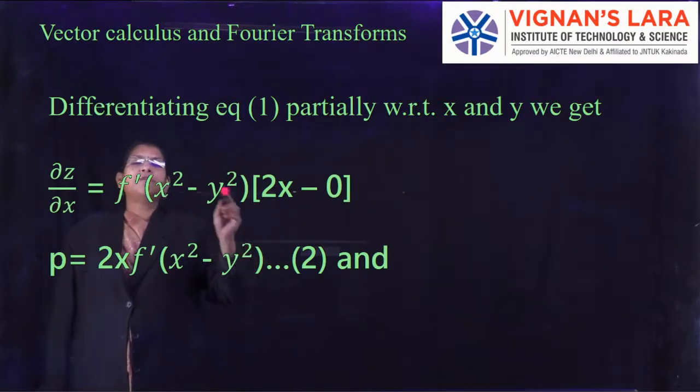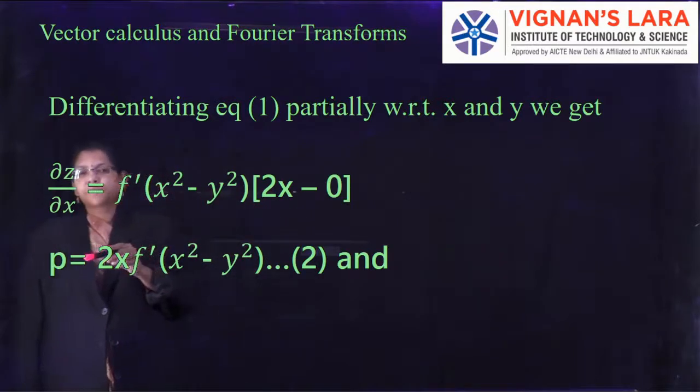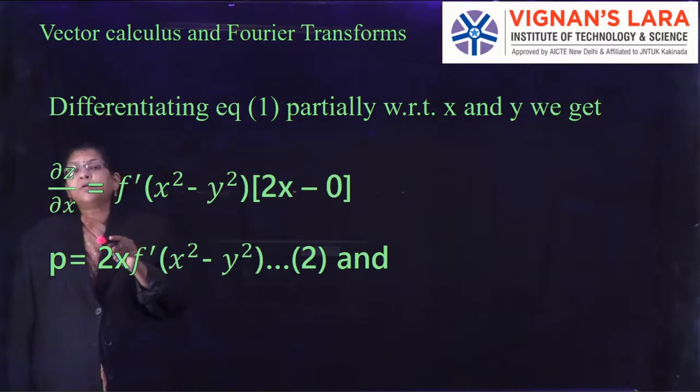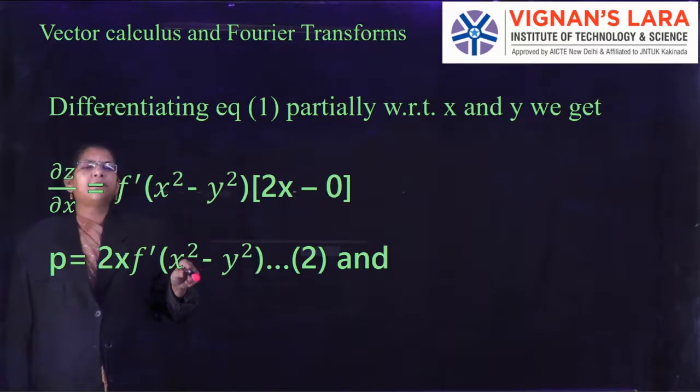If you simplify, how will you denote ∂z/∂x? We will denote it with p. So p equal to 2x into f dash of x² minus y². Take this as equation number 2.